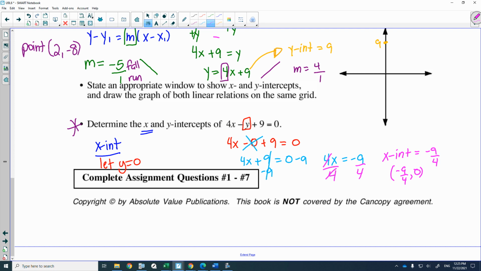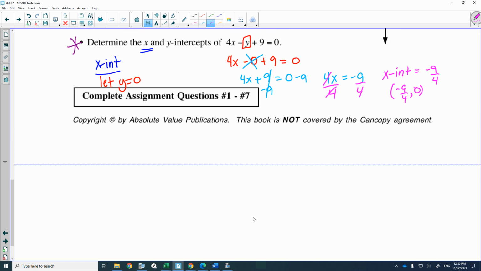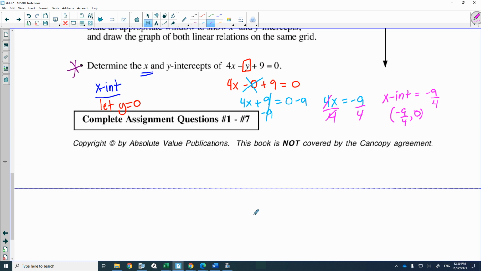We're going to write that equation one more time because we now have to calculate the y-intercept. So the equation is 4x minus y plus 9 equals 0.